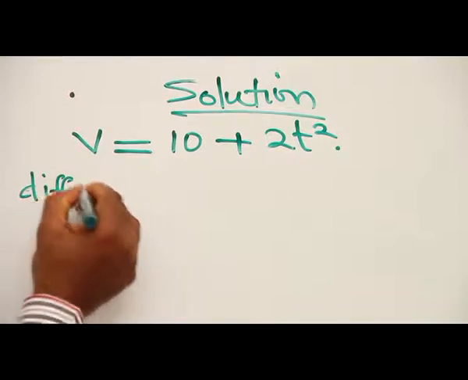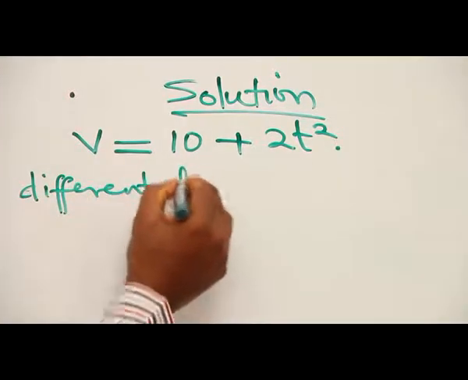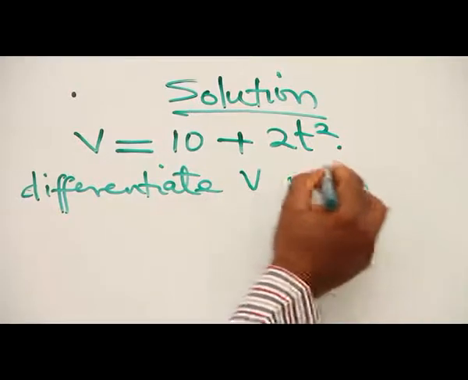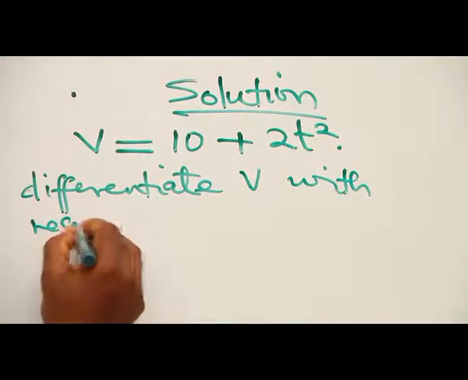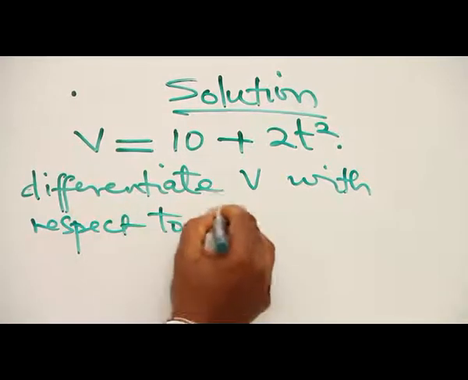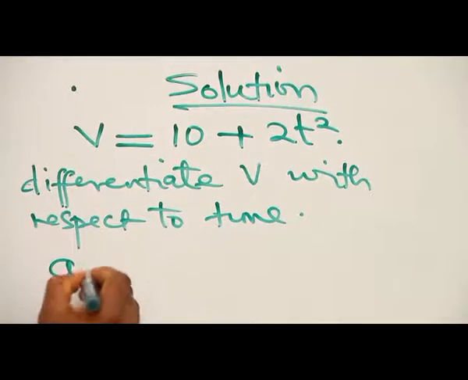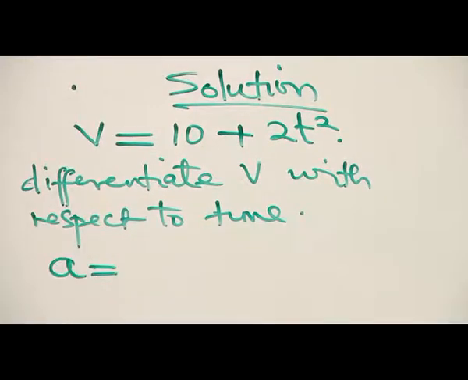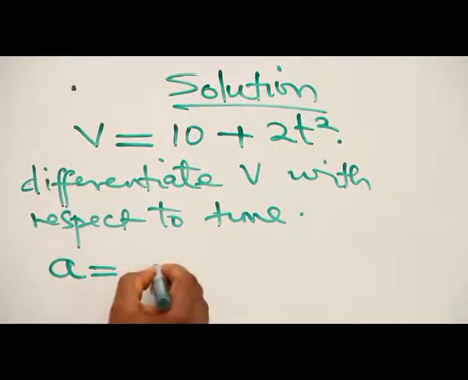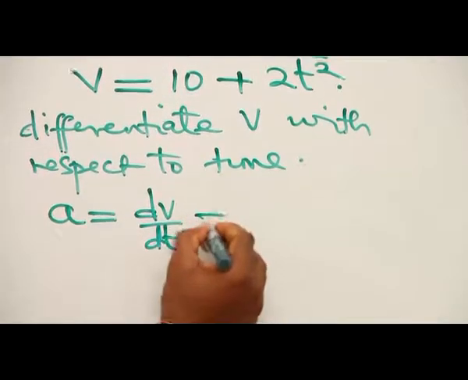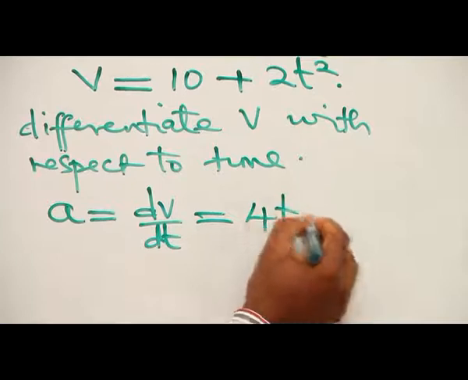Differentiate v with respect to time. For acceleration, the instantaneous acceleration is dv dt, which will give us 4t.